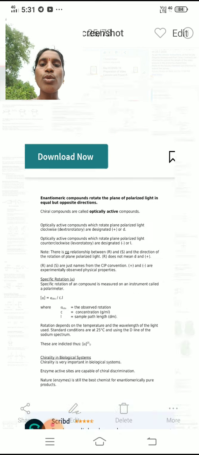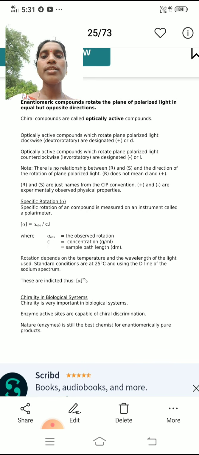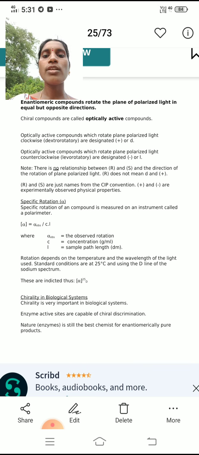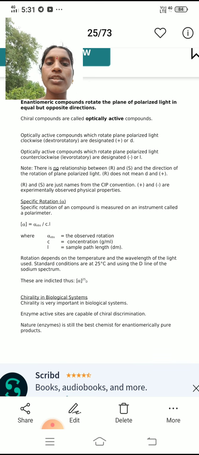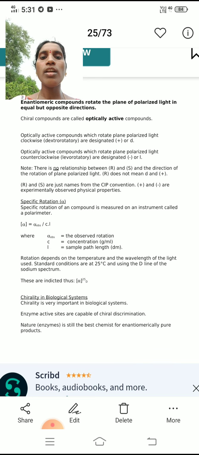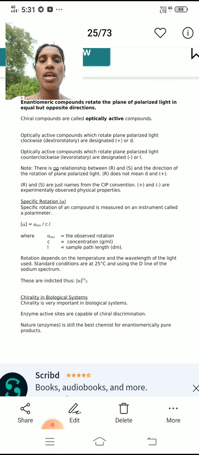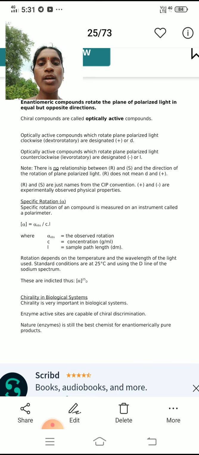There is no relation between R and S and the direction of rotation of plane polarized light. These small d and small l refer to the optical rotations, which can be known only by doing experiments practically.